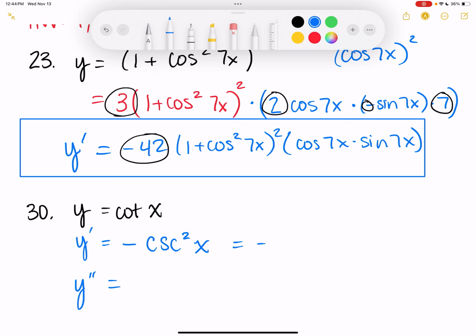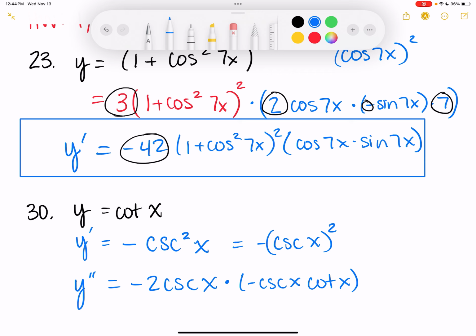It would be negative 2 cosecant of x, it's a chain rule, times the derivative of cosecant, negative cosecant of x cotangent of x.